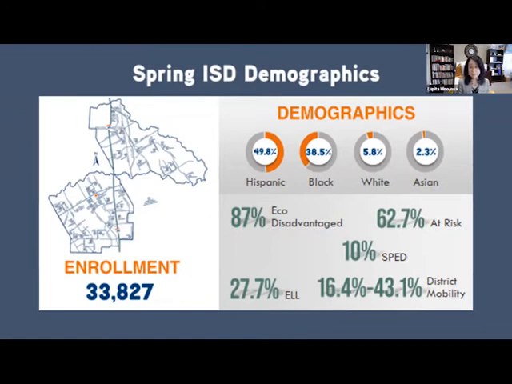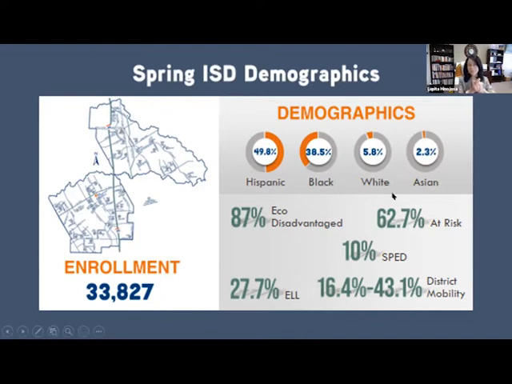One of the key pieces that played a huge part in the discussion as we looked at the ADSY grant last year about this time was, and continues to be, the mobility rate. You can see our mobility rate is anywhere from 16% all the way to 43%. We are a minority majority district. That's just a quick overview.